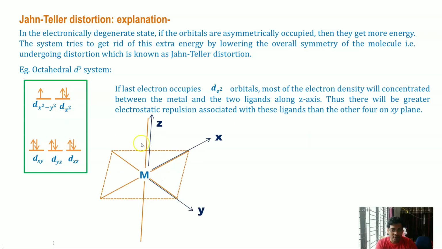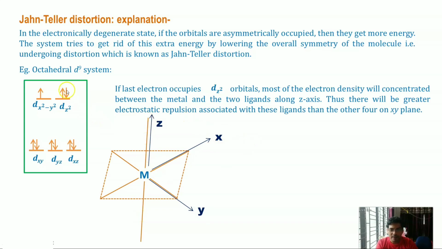That's why the bond along the z axis will be more elongated. So remember, if the electron occupies the z square orbital, the bonds along the z axis get more electrostatic repulsion and the bonds get elongated. So there will be different bond lengths along the xy axes and along the z axis.